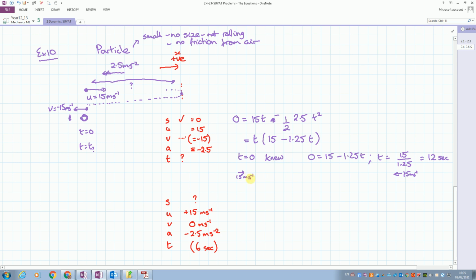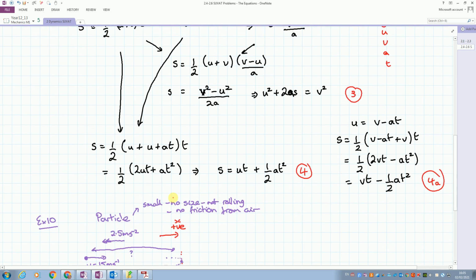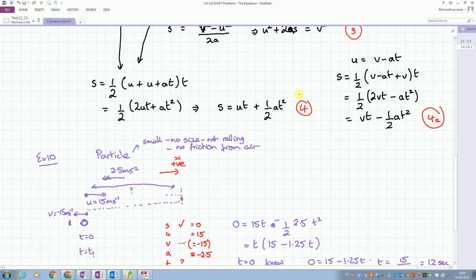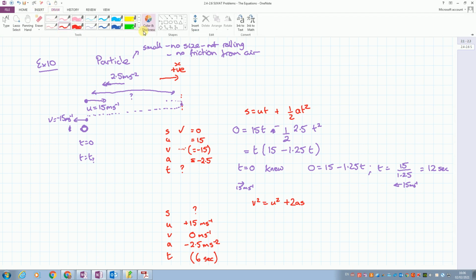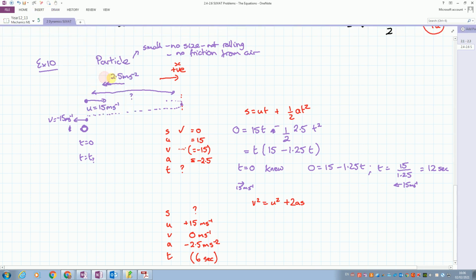So we've got an equation using U, V, A, and S. Look at our equations, and number 3 has V, U, A, S. So we're going to use that version of the equation: v squared equals u squared plus 2as. These equations are not given to you in the book. You do need to know them.